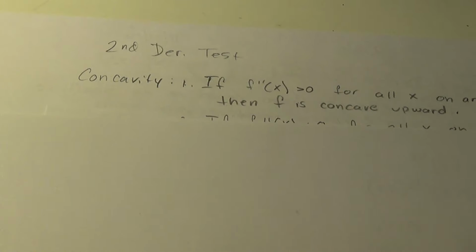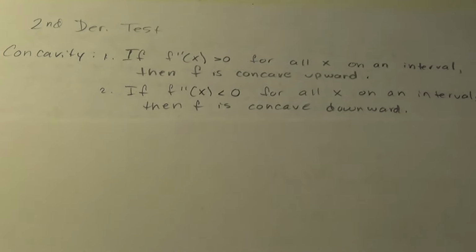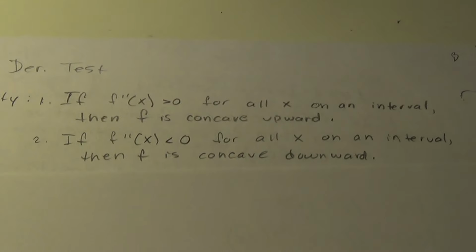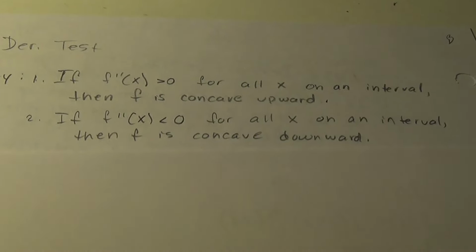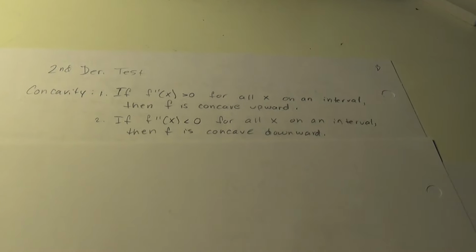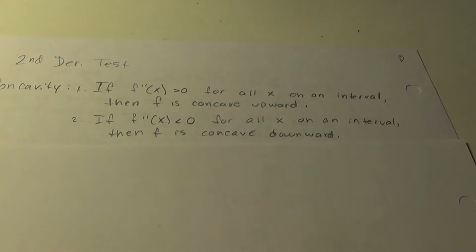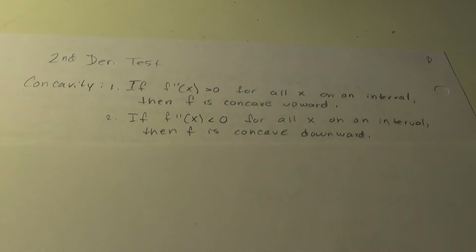Alright, the second derivative test. Before we get into it, we want to write out our formal definition. Although we have talked about it, let's look at our formal definition of concavity. Informally, we have discussed that concavity is where the graph goes from the smiling direction to the frowning direction, or vice versa.